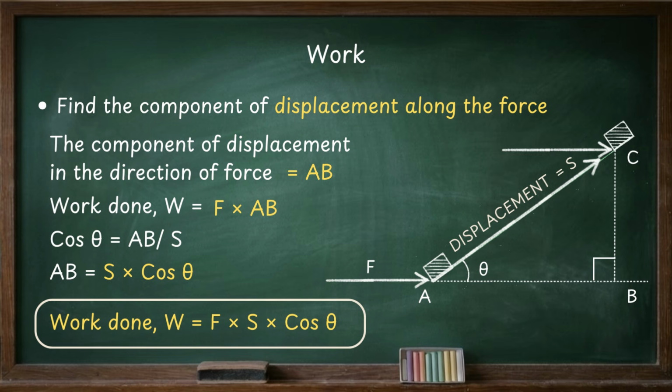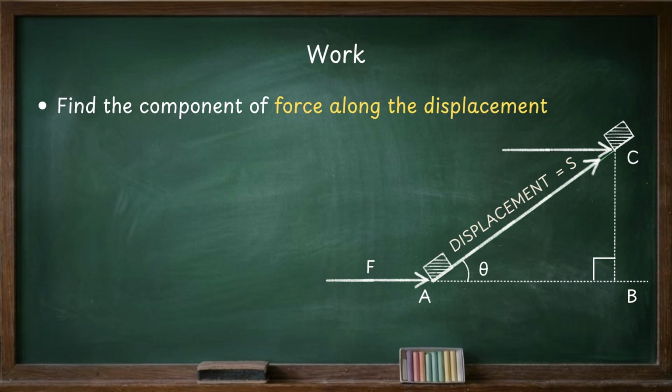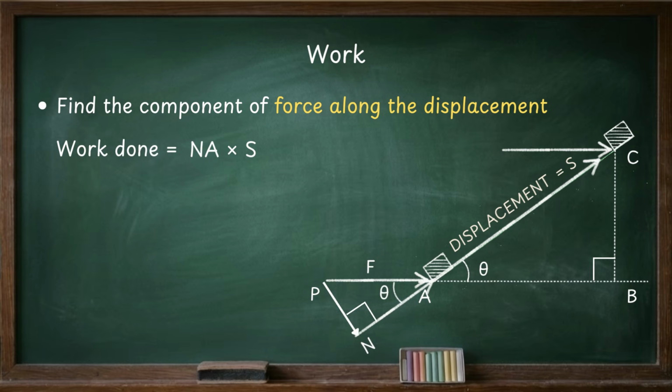Now, let us look at the second method. This time, we calculate the component of force along the displacement. Let the line PA represent the total force F. The part of this force pushing along the ramp is the line NA. Therefore, work done equals NA times the displacement S. Now, look at the new right-angled triangle PNA.